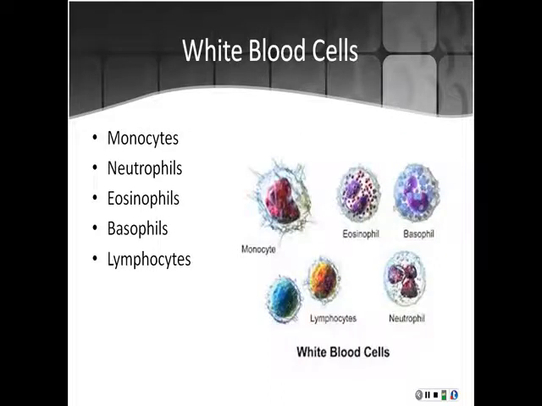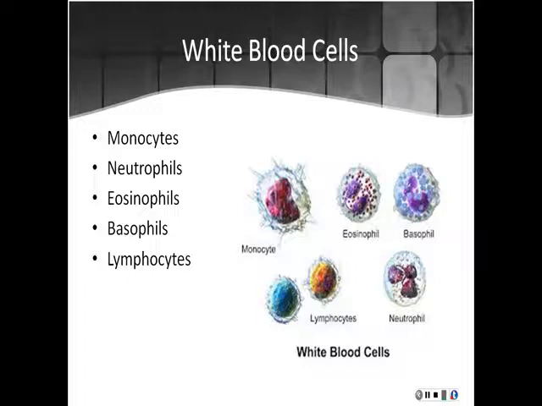Alright, so white blood cells. Monocytes become macrophages, which phagocytize pathogens and dead tissue. The neutrophils phagocytize only pathogens. Eosinophils will combat the effects of histamines, and then also detoxify foreign proteins during an allergic reaction. And then they can also respond to parasitic types of infections.